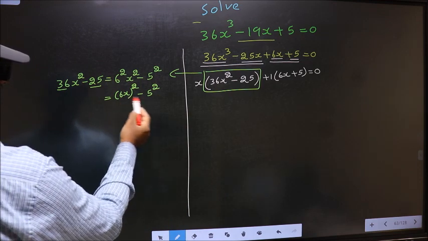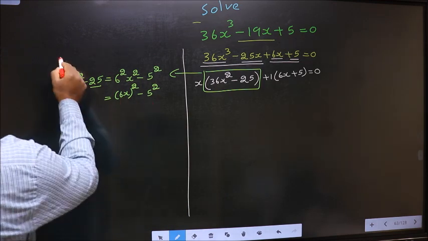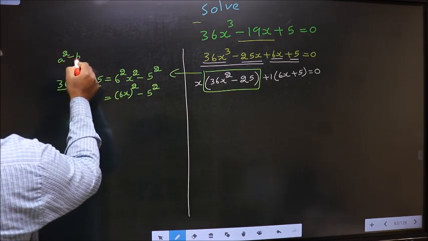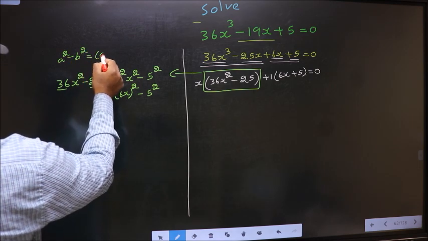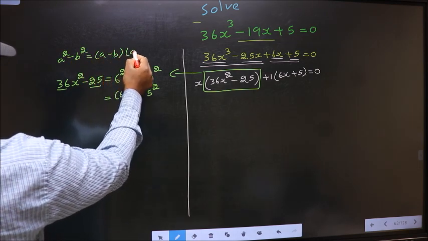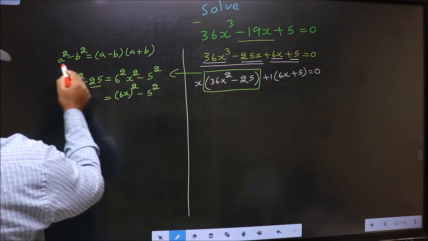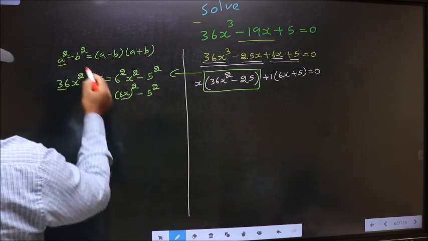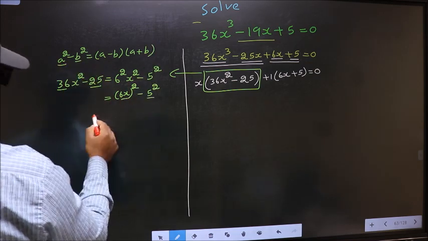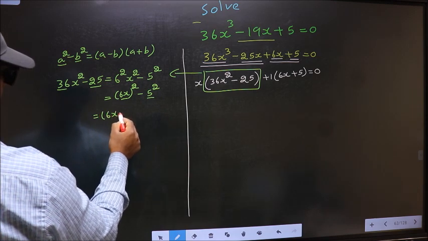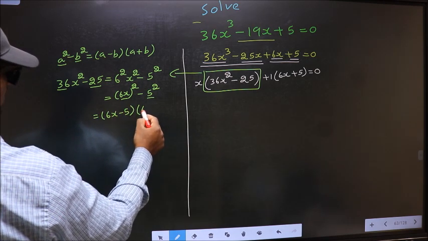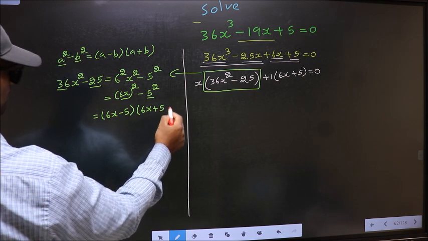Now on this we should apply the formula a square minus b square, that is a minus b times a plus b. In place of a we have 6x, in place of b 5. So we get 6x minus 5, 6x plus 5.